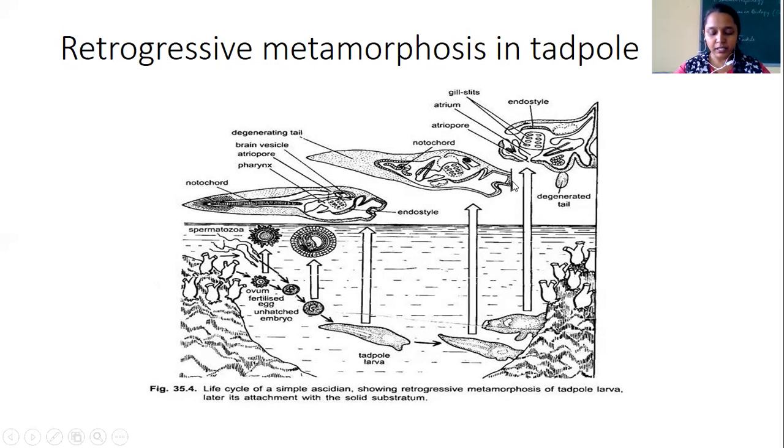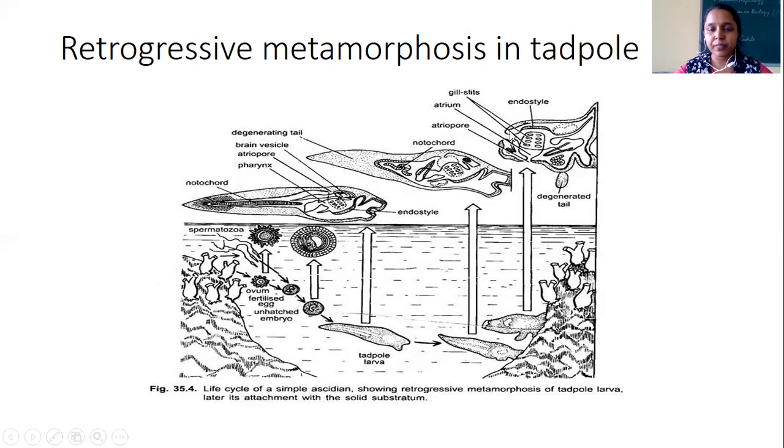This is how it gets attached to the substratum, and there will be continuous growth of this region of the larva when compared to the posterior end. This is the anterior end of the larva, which grows continuously during the metamorphosis, whereas the posterior end will not show such drastic growth. That's why there will be a shifting of the mouth from this region towards this region.